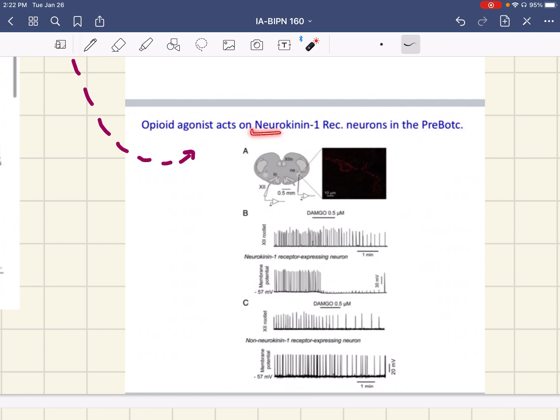And they figured out that it is this neurokinin 1 receptor containing neuron, because when they tried it on different neurons, they saw that it is only the neuron that is expressing this neurokinin 1 receptor that actually makes the mouse stop breathing. So that's how you can tell that opioid agonists or opioid itself acts on the neurokinin 1 receptor neurons of pre-Botzinger complex. And again, whole point is pre-Botzinger is inhibited by this opioid agonist, so breathing stops.